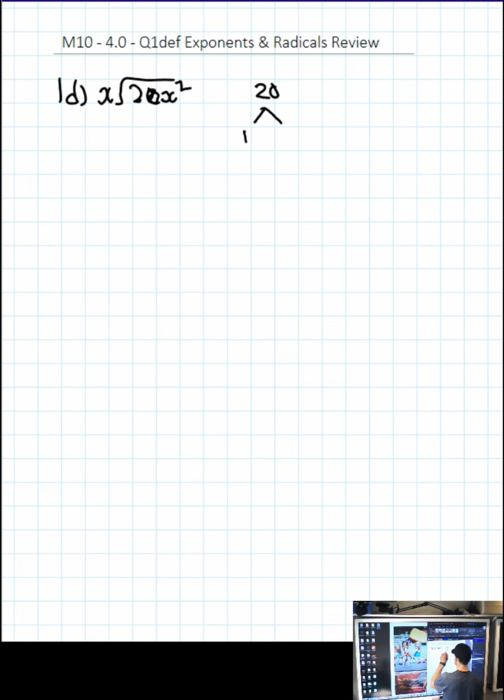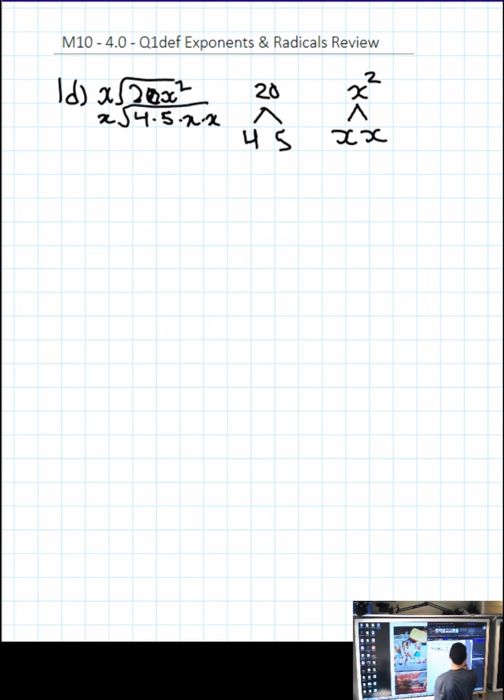We know the square root of 4 is 2, so we're going to do 4 times 5. I'm also going to take x squared, and I know that's simply x times x. So I can rewrite the root as the product: 4 times 5 times x times x.